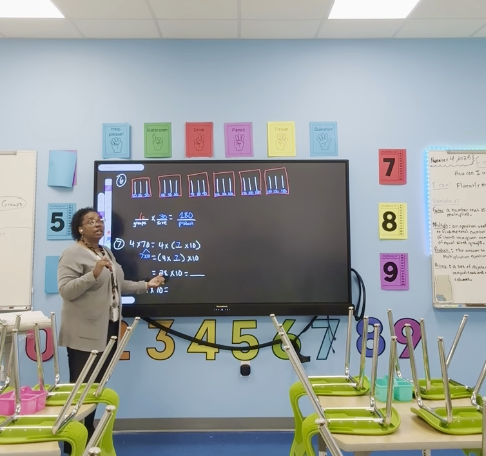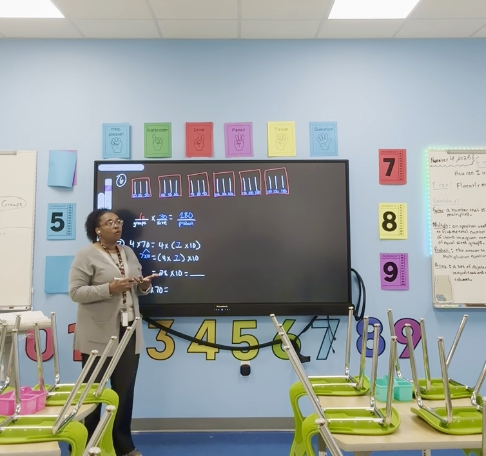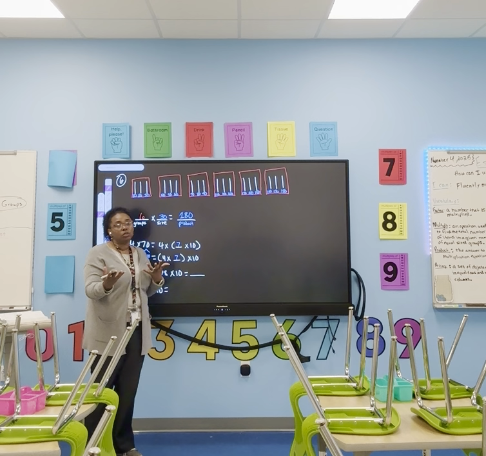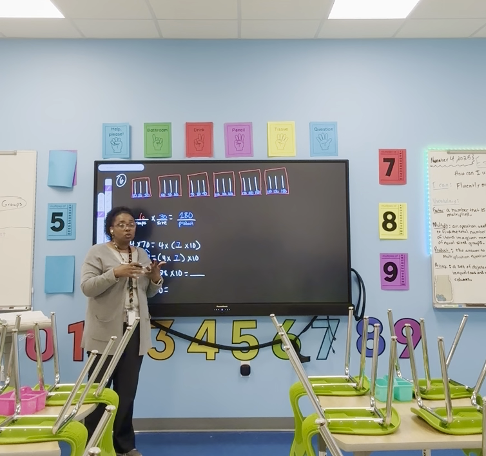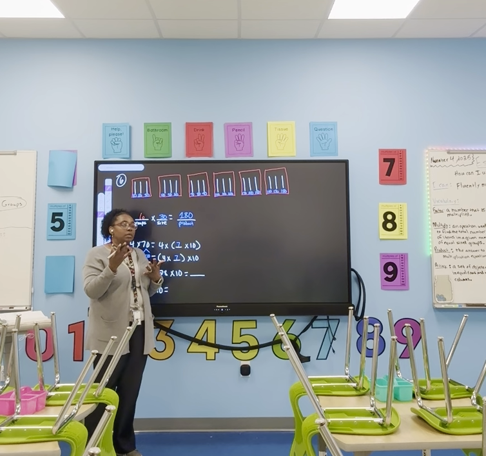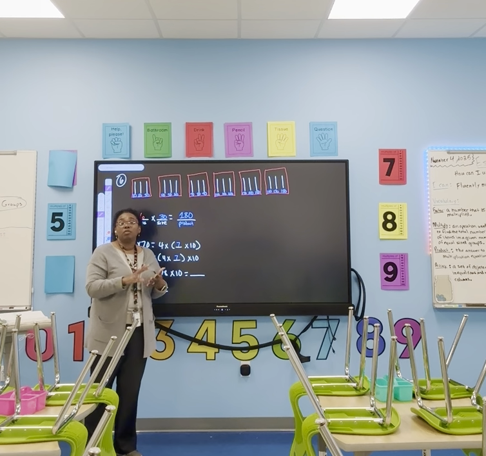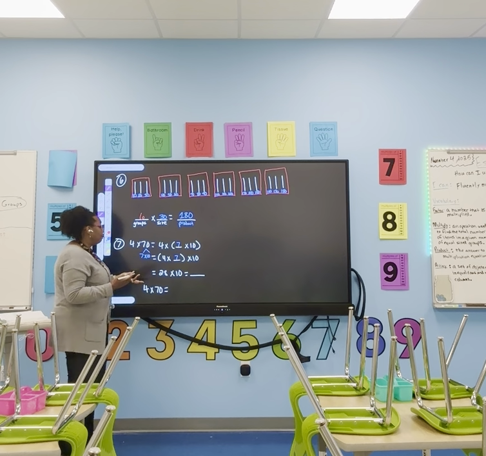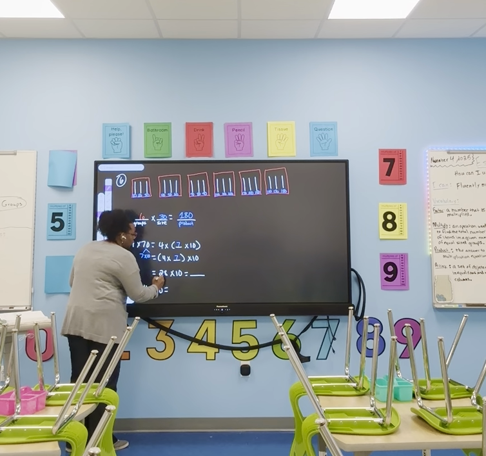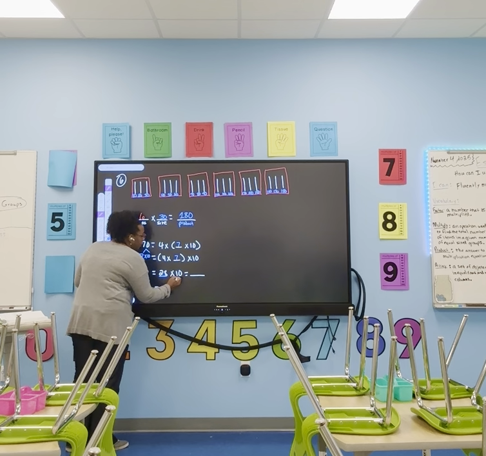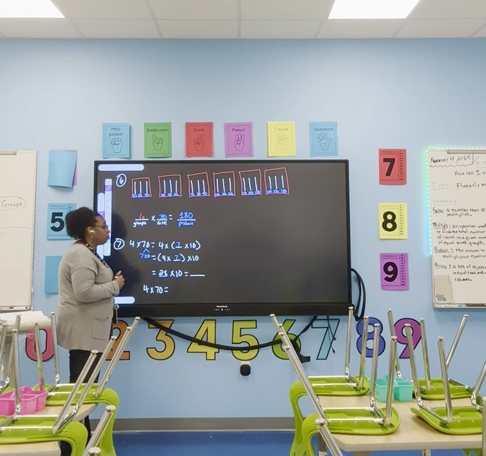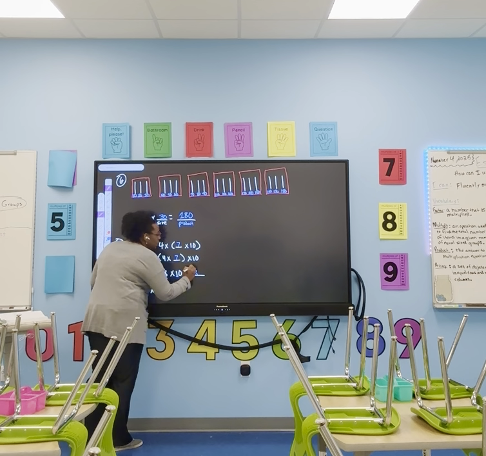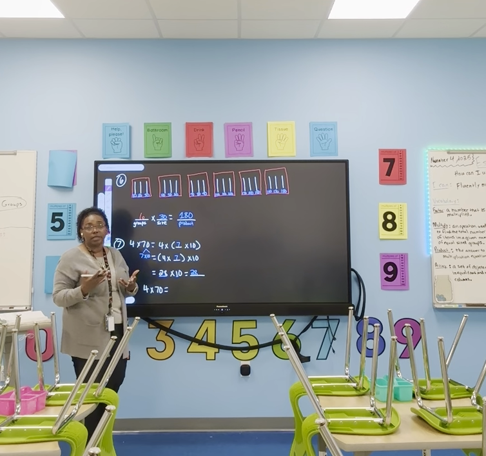Now we're ready for that 10. So just like I said before, if you have a better way to teach your scholar how to multiply a number times 10, then that is perfectly fine. But I'm going to show you this way. You can take your 28, multiply it times that 1 that's in the 10 place. 28 times that 1 is going to be 28, because any number times 1 is going to give you the same number.